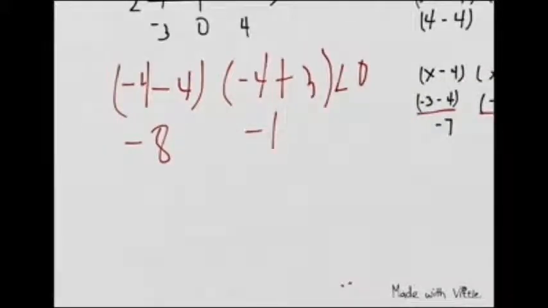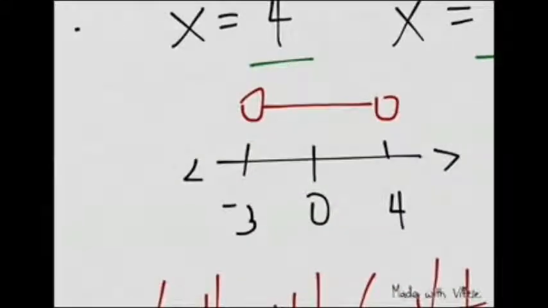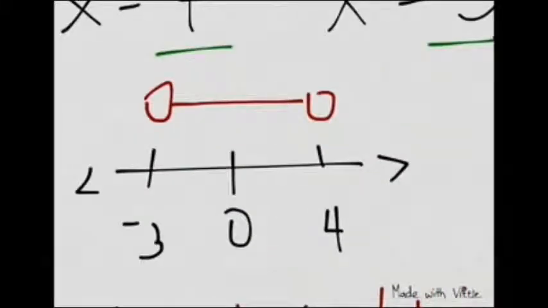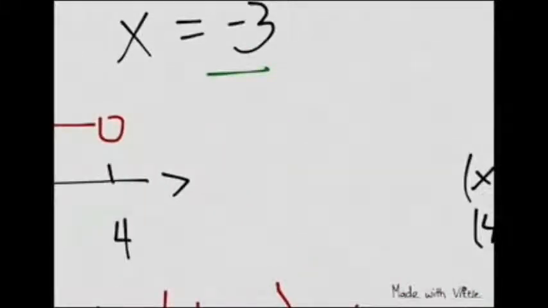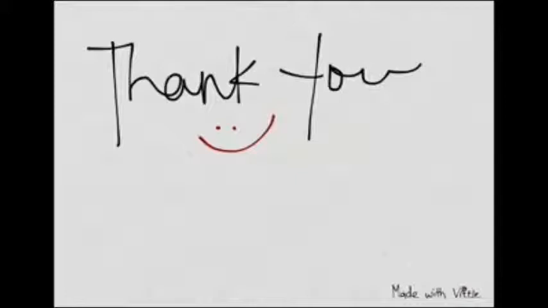Negative 8 times negative 1 will give us positive 8. It's less than 0, which is again a false statement. And because of that, I am not going to draw an arrow after negative 3. Your solution set will look like this. Negative 3 to positive 4. So that will be the end of it.